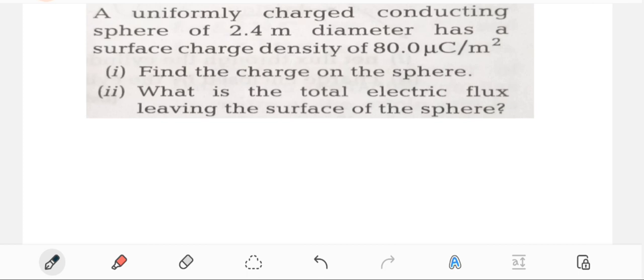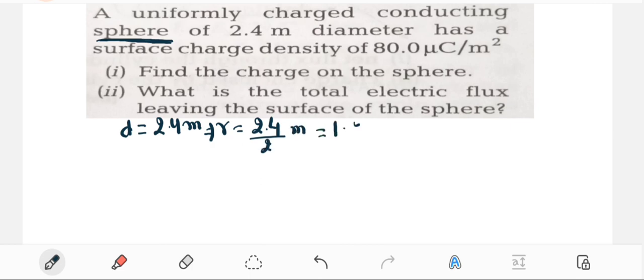A uniformly charged conducting sphere. We have to keep in mind that we are talking about a sphere of 2.4 meter in diameter. If the diameter is equal to 2.4 meter, then the radius will be equal to 2.4 divided by 2 meters, which is equal to 1.2 meters.